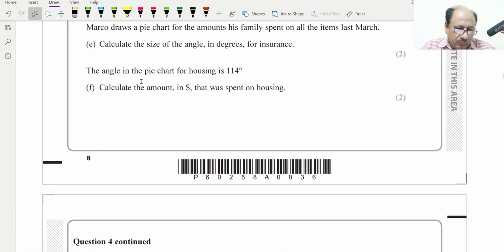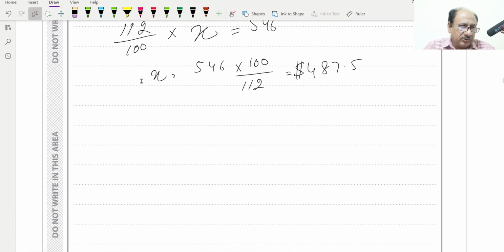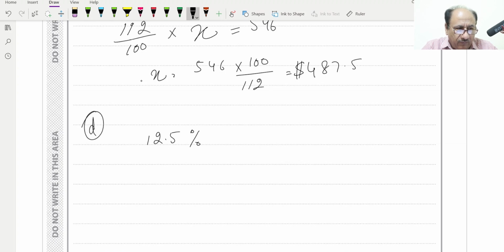So we need to find 12.5% of the amount which is not spent on these four categories which they have mentioned.